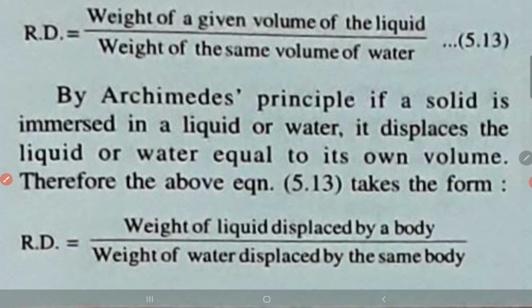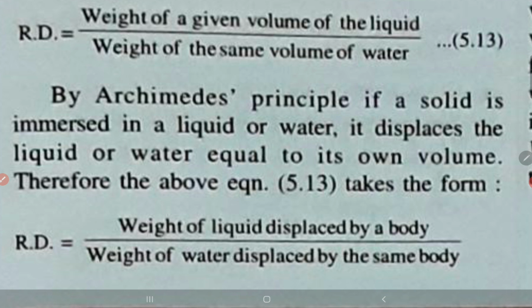Now by Archimedes principle, if a solid is immersed in a liquid or water, it displaces liquid or water equal to its own volume. That means we are taking one extra solid, whose relative density need not be known, right? We are just using the solid to find the relative density of the liquid.